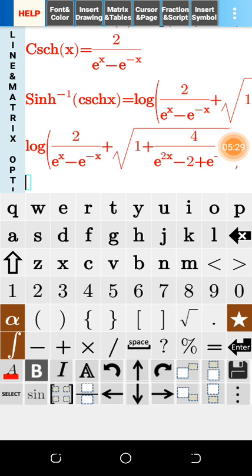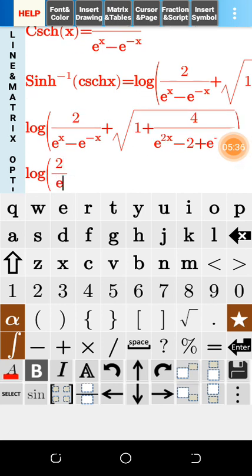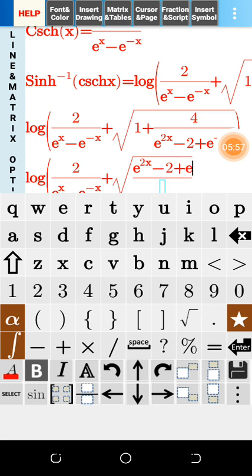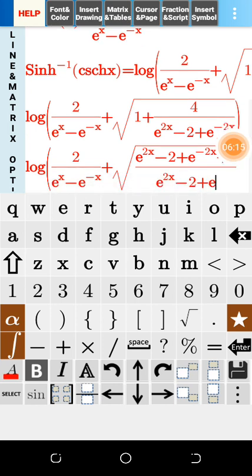That's our common LCM. So it becomes log of 2 over e raised to the power of x minus e raised to the power of minus x, plus the root of e raised to the power of 2x minus 2 plus e raised to the power of minus 2x plus 4, everything over e raised to the power of 2x minus 2 plus e raised to the power of minus 2x. Close your bracket.